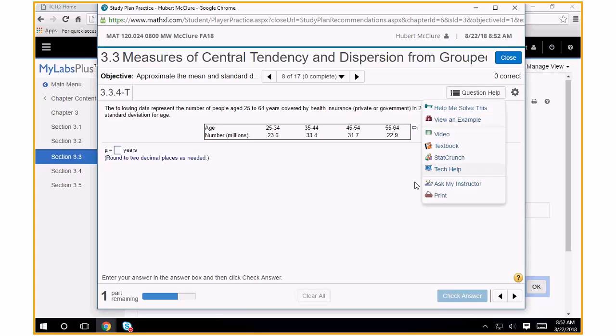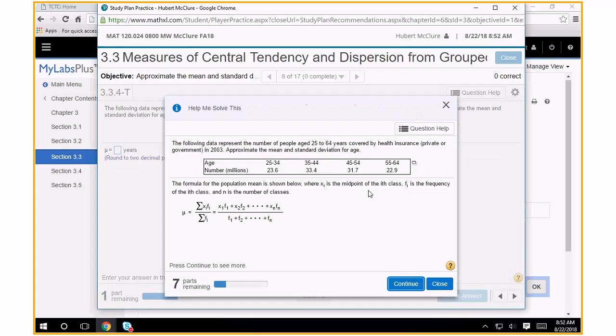Help me solve this is a guided tutorial. It asks you questions as you go along. When is this valuable? It's valuable when you've never seen the material before. Some of you, maybe all of you, have taken probability and statistics, since it's the go-to for a lot of high schools because it's easy to pass.